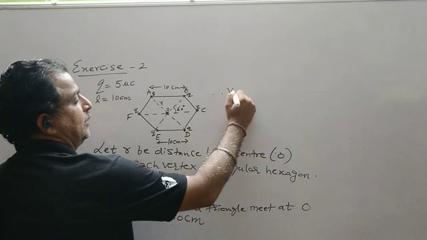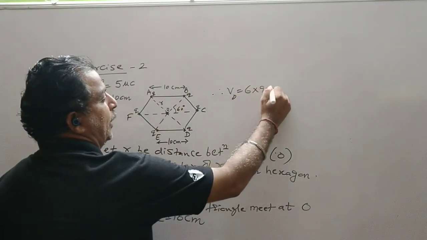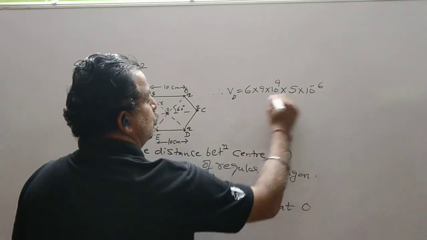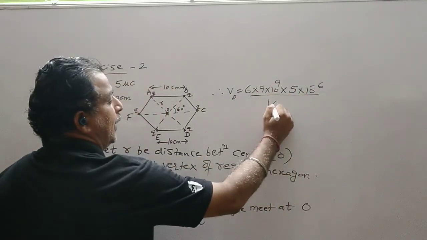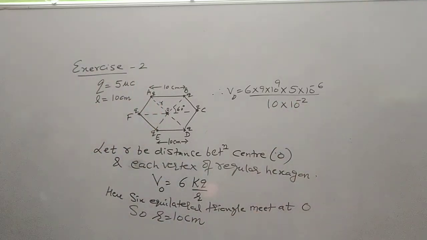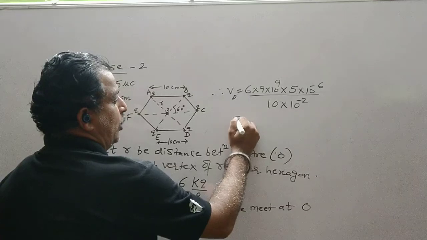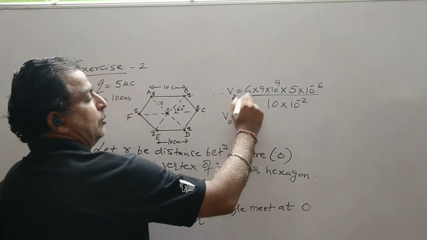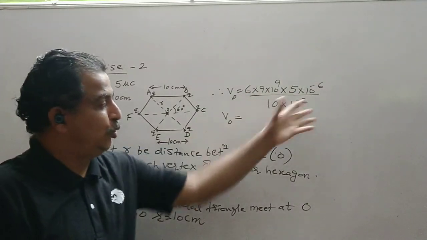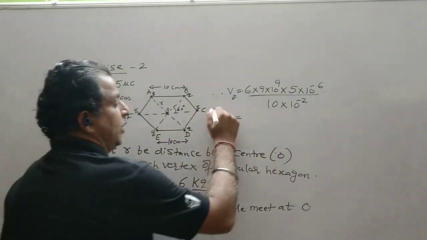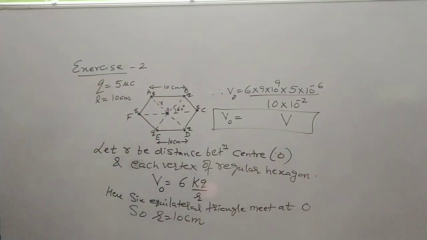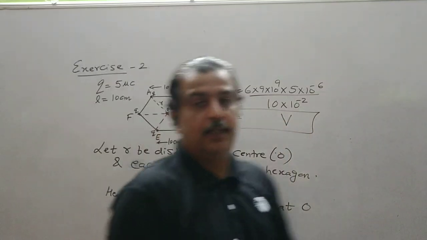Therefore, potential is equal to 6 into 9 into 10 raised to 9 into 5 microcoulomb, that is 5 into 10 raised to minus 6, upon 10 centimeter, that is 10 into 10 raised to minus 2 meter. So this will be equal to 9 times 5 is 45, into 6, and you do this power, and that much volt is the potential at the center.